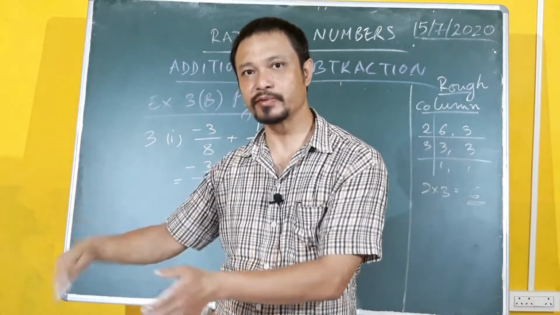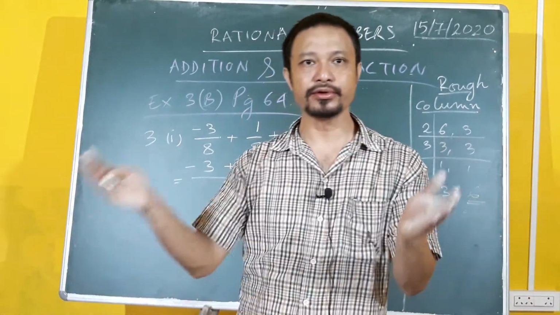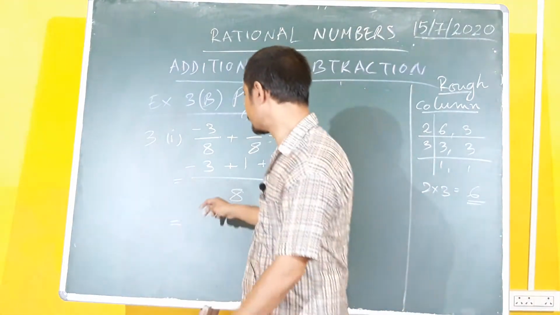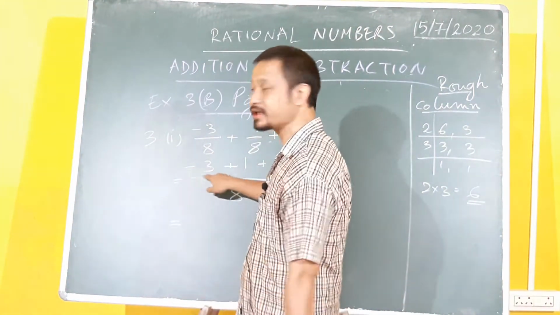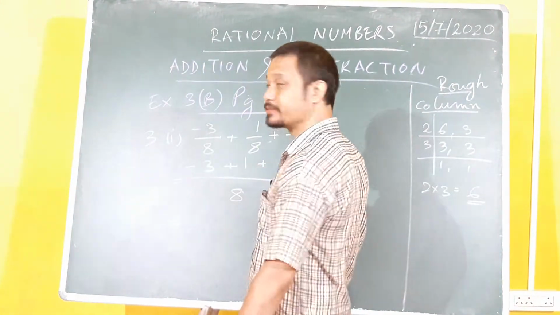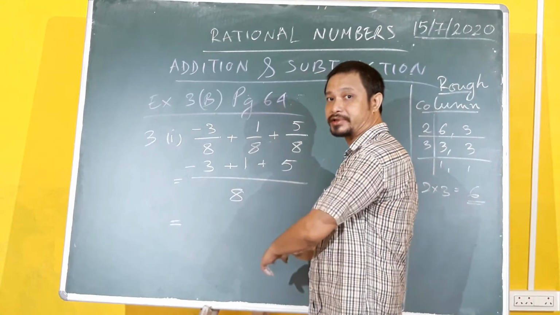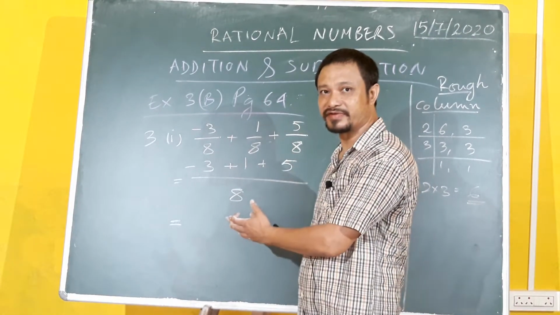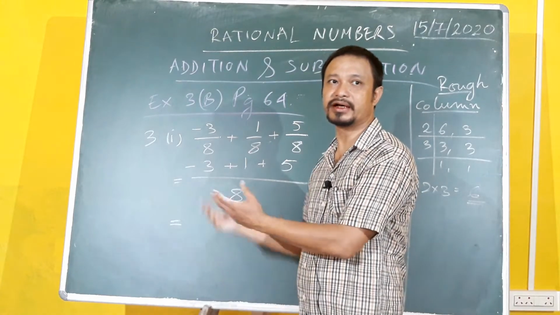And you compute them within the group. Then you compute them intergroup, right? So out here we have 2 groups. We have a negative group, but it consists of only one number, minus 3. Then we have 2 positive numbers, another group, we have 2 members, right? So as I told you, you compute within the group first, then you move on with the intergroup.